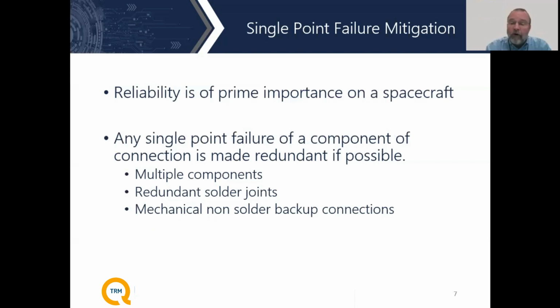One thing that we do very often is we rely on a solder joint, and then we also have either multiple solder joints, or in addition to that, we'll have a mechanical compression, which also makes the joint. So if the solder joint was to fail, there would still be a mechanical contact, very much like a pressure switch, making the additional contact.